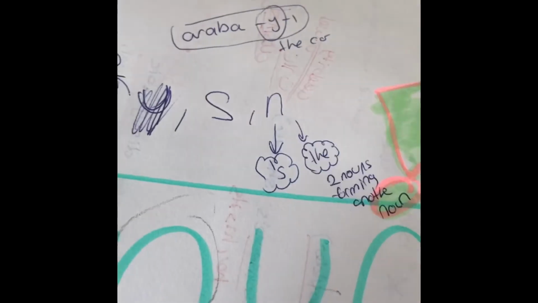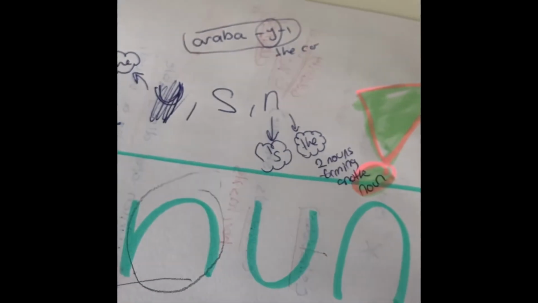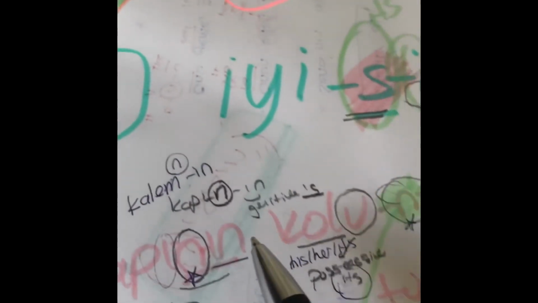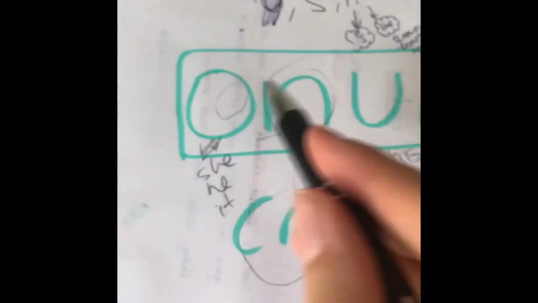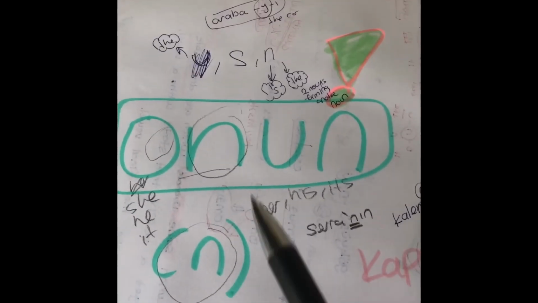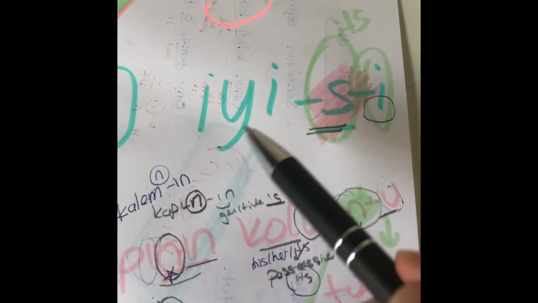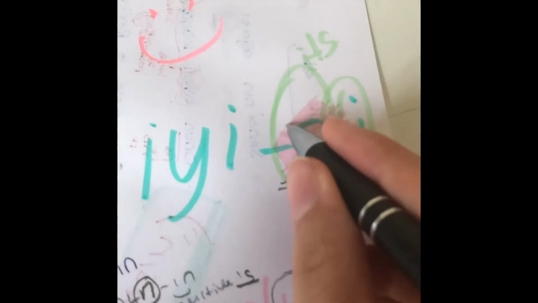So N is used when we are adding the in suffix and while we are using the in a case like this. So let's take a look at this too. So onun, o means he, she, it, and onun means her, his, its. So we use N in between here, which makes a lot of sense. And we come here, iyi means good, his good, her good. So this is the its suffix. Here is the buffer letter S.